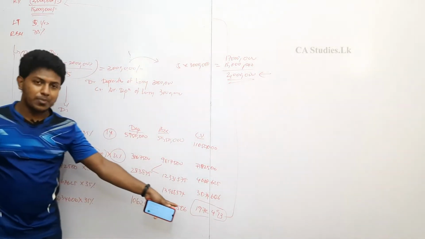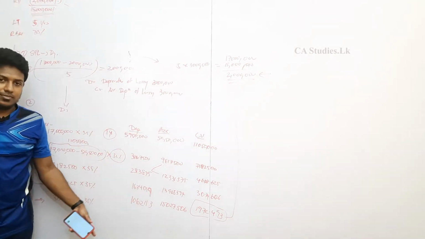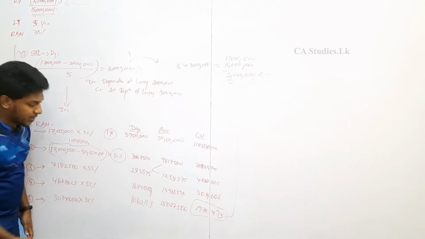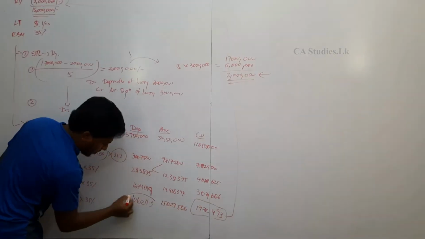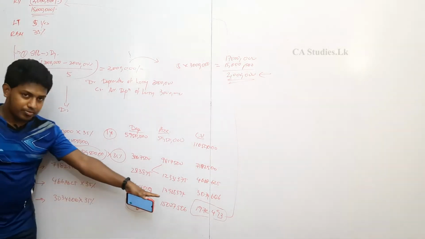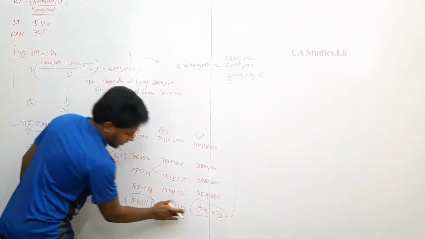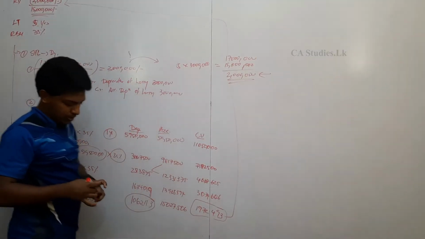Now reducing method 1.9 million balance. So this calculation is wrong. Final calculation is wrong. Therefore this depreciation should be the difference amount, right? I am going to change this to 2 million.